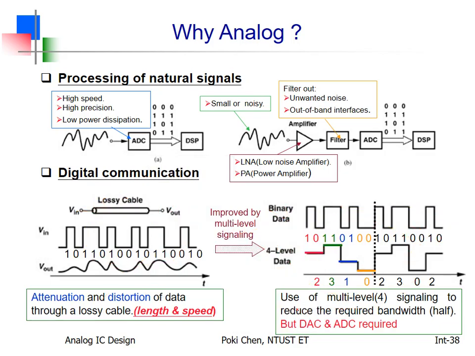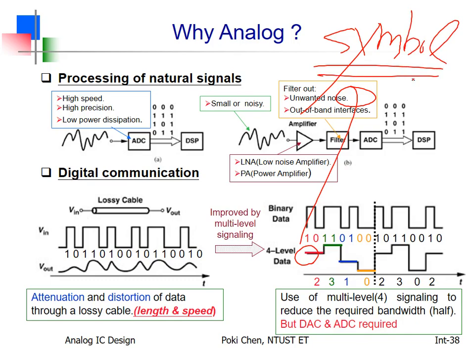Right now, because we transmit not only 1 bit, but multiple bits, we call it a symbol. That is what you can learn from communication or telecommunication. So they transmit symbol by symbol instead of bit by bit.